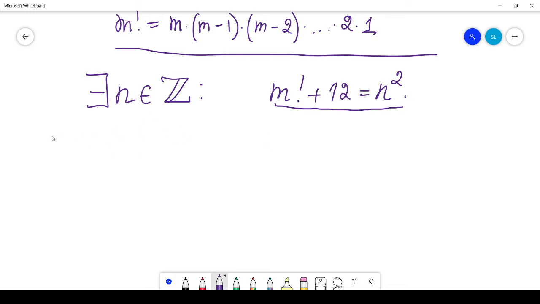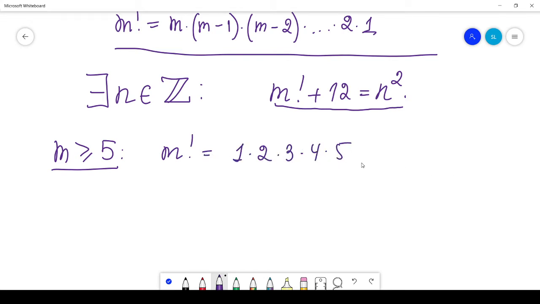So if m is bigger than or equal to 5, then m factorial is something like 1 times 2 times 3 times 4 times 5, and maybe that's all, but maybe there's something else. I'll call that something else p, where p is some positive integer.